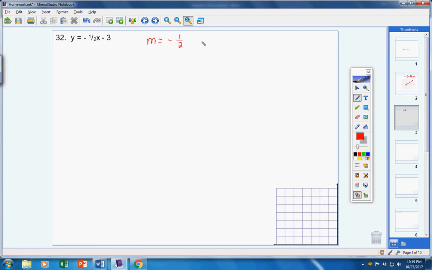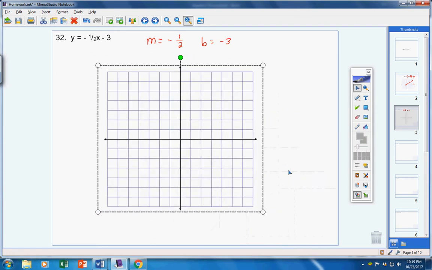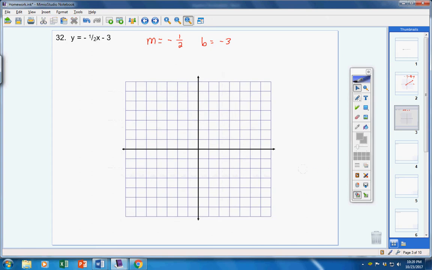Your constant term, or your b, or your y-intercept is negative 3. So step 1, get y all by itself. We've already done that. Step 2, plot the y-intercept. So here's my y-axis, and we'll go to negative 3 and put a point here.